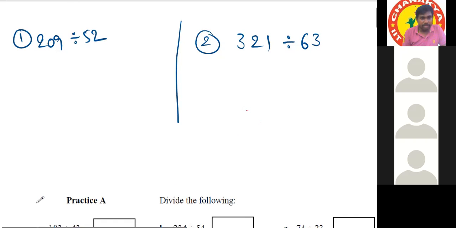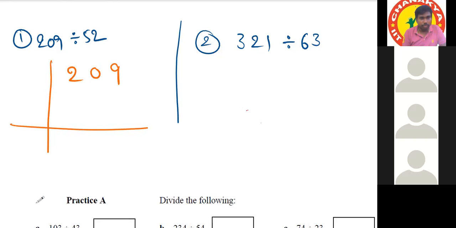Here we have a pattern. We have a format to write this question. See here, the dividend is 209. And we have to divide with 52. Now we have to split this 52 in this way. So this 5 will be the divisor.